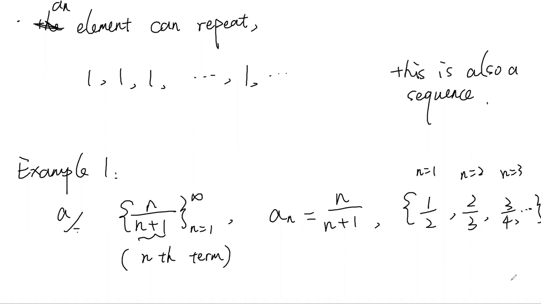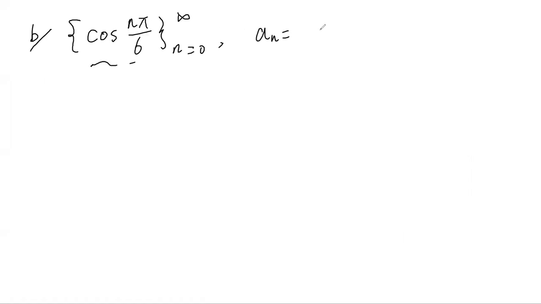Let's see another example: cosine of n pi divided by 6, starting from 0. This still represents the nth term, an equal to cosine of n pi over 6.